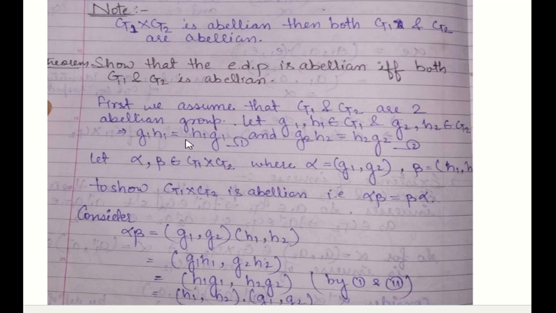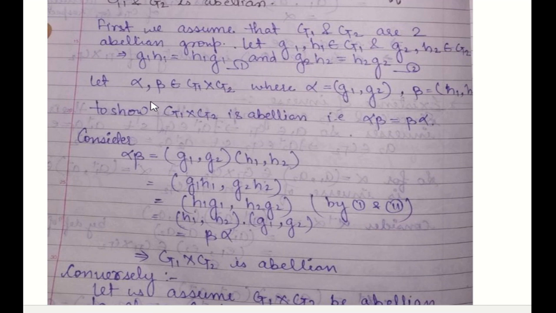We have to show that g1 h1 is equal to h1 g1 and g2 h2 is equal to h2 g2, since G1 is abelian and G2 is abelian. Let these equations be 1 and 2 respectively. Now let alpha, beta be any two arbitrary elements of G1 cross G2, where alpha is defined as (g1, g2) and beta is defined as (h1, h2).